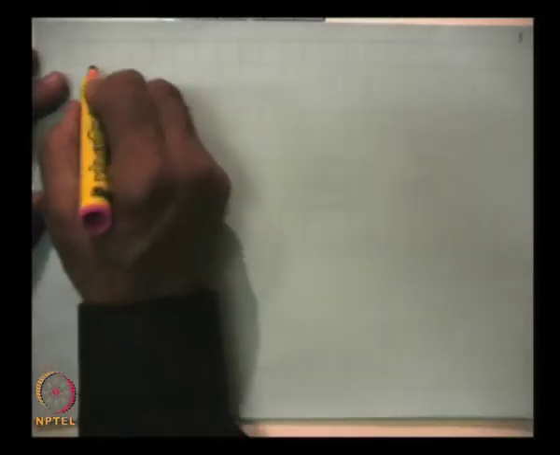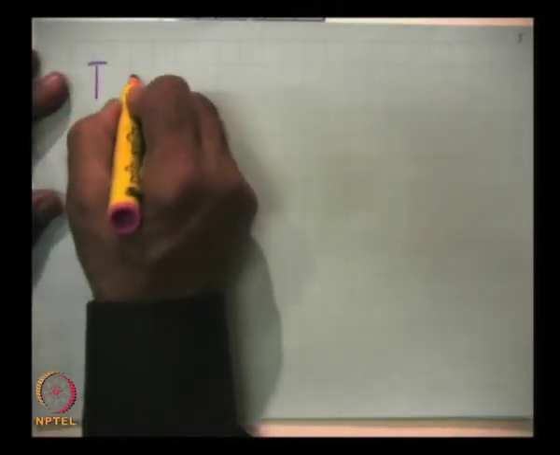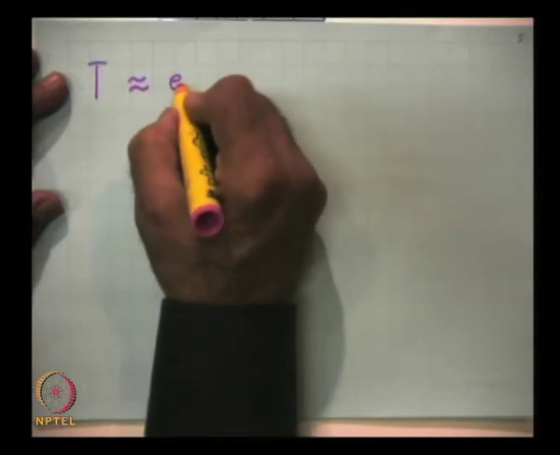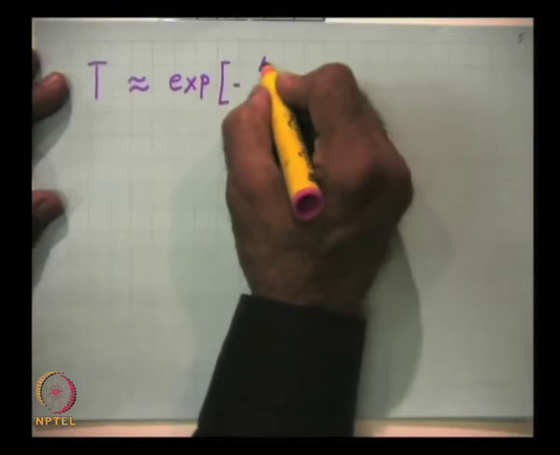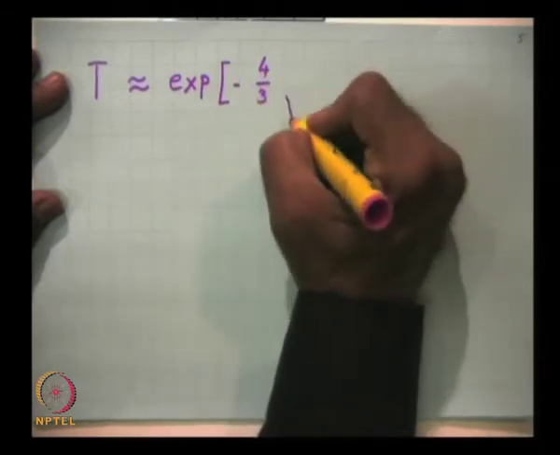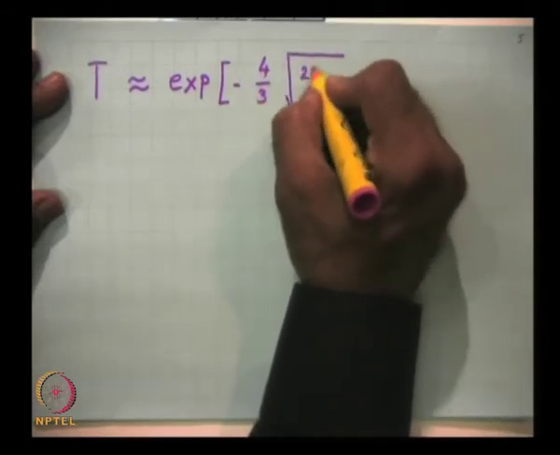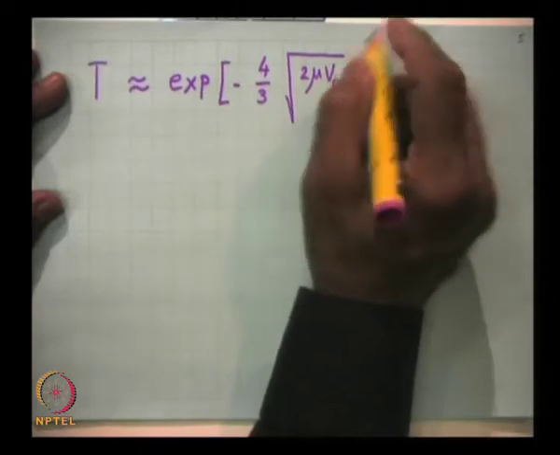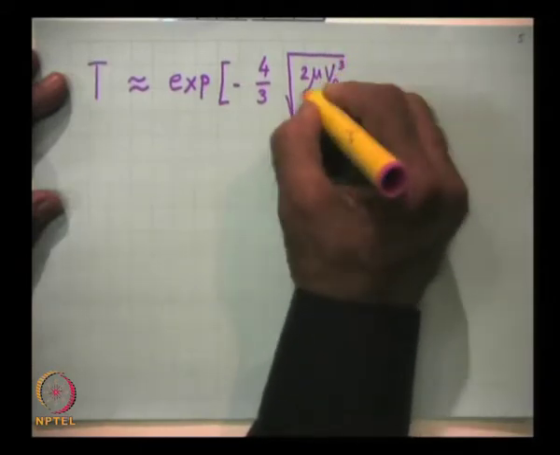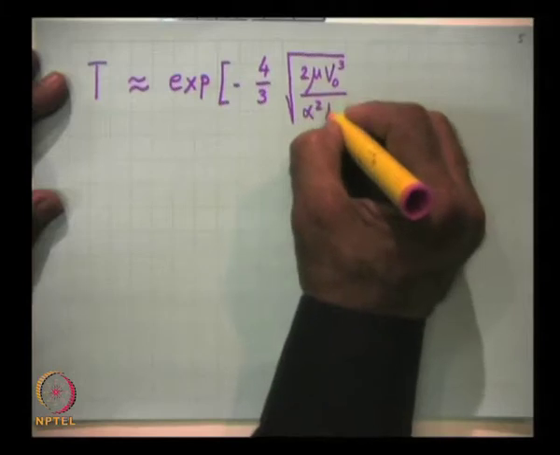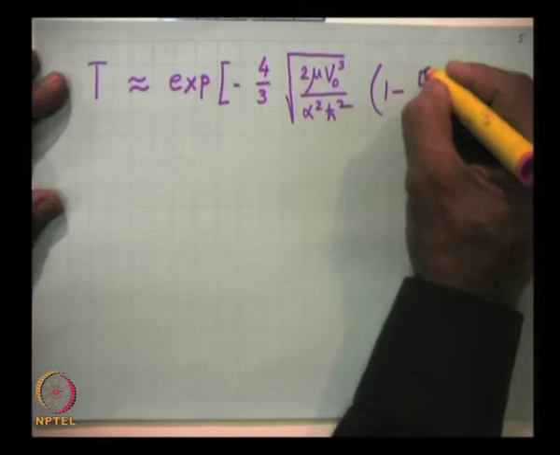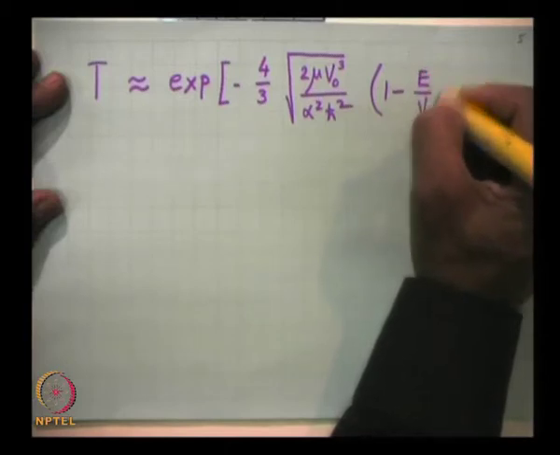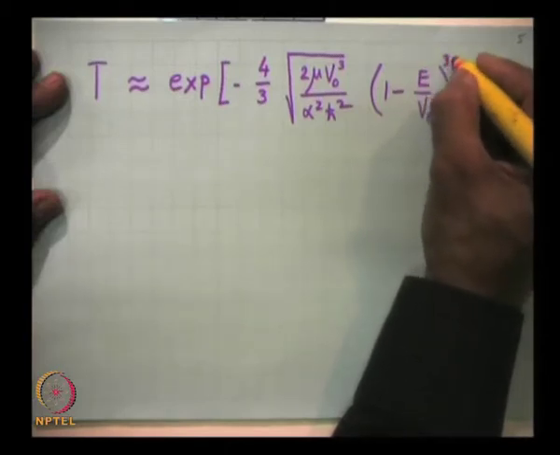Let me write it down again, so that you can write it down. So, T is approximately, in the JWKB approximation, exponential minus 4 by 3 under the root 2 mu V 0 cubed divided by alpha square h cross square, times 1 minus E by V 0 raised to the power of 3 by 2.